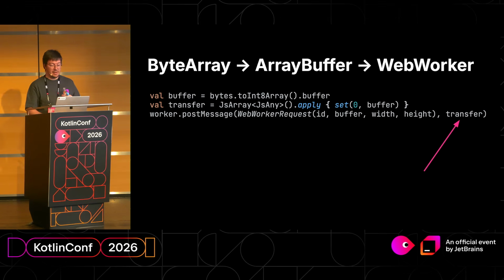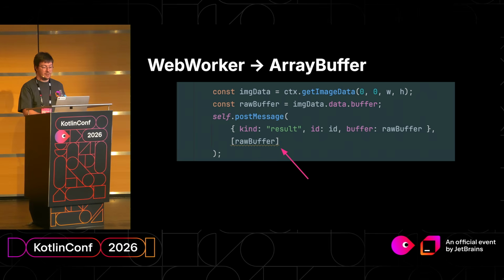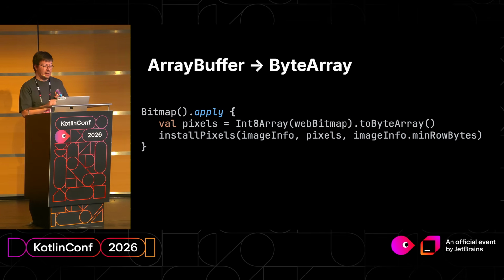And then I have only one copy when I go from the Kotlin world, from the Wasm runtime, to the JavaScript runtime, and the same on the way back from the web worker to the Wasm runtime. We have to put the transferable object in postMessage. Good.